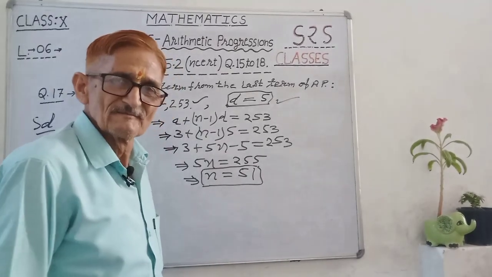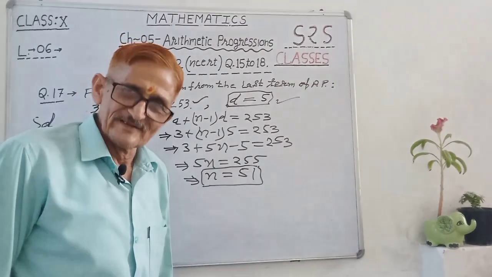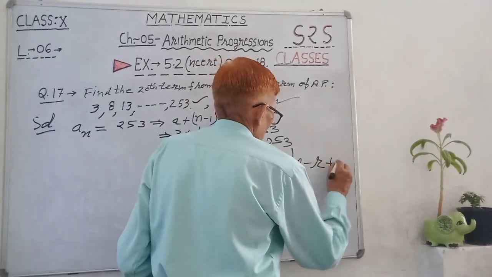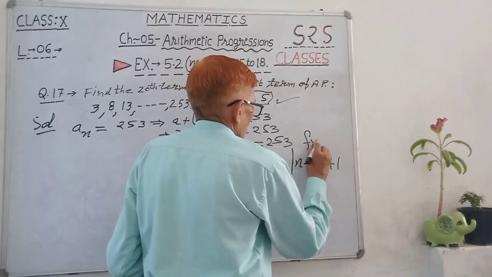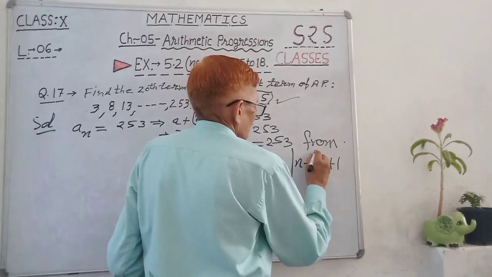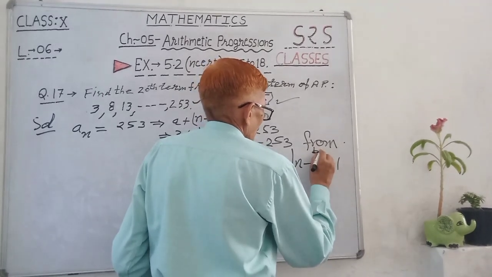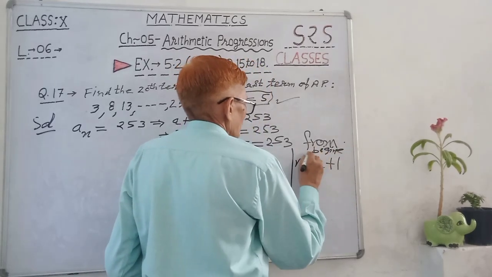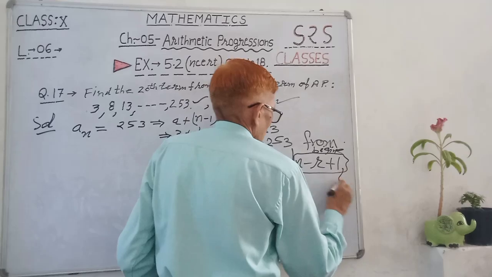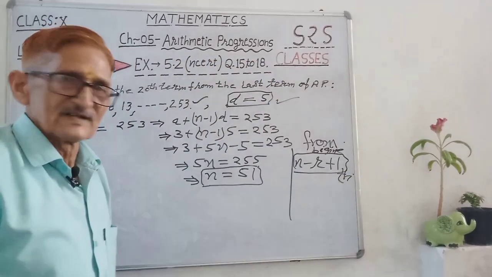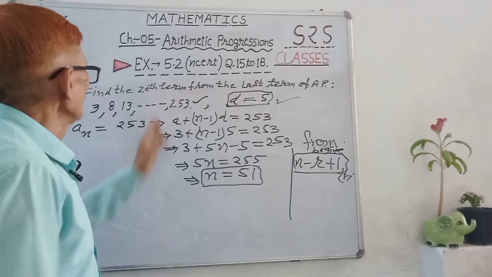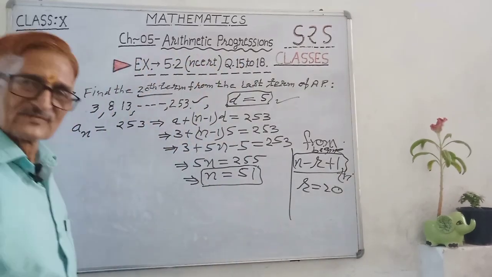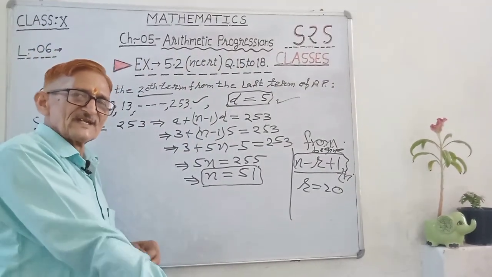This is the formula: total terms n minus r plus 1 from the beginning. Here r is 20, from the end, the 20th term.